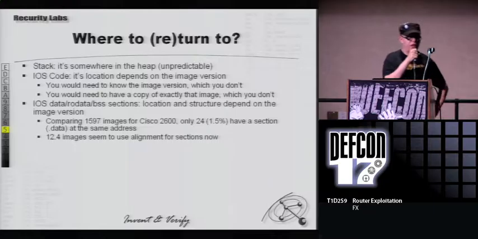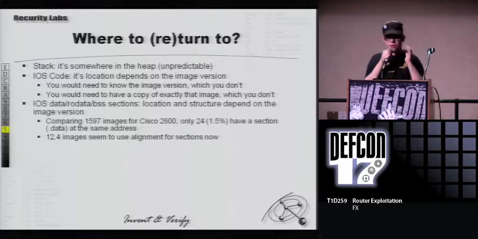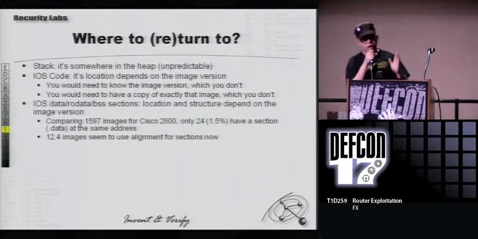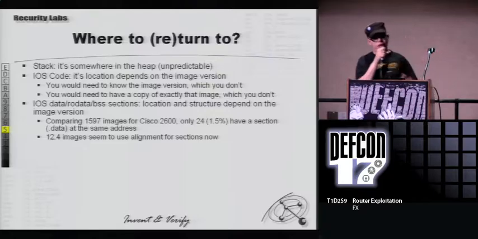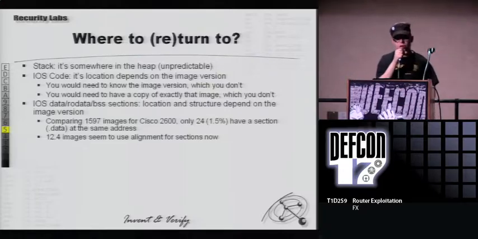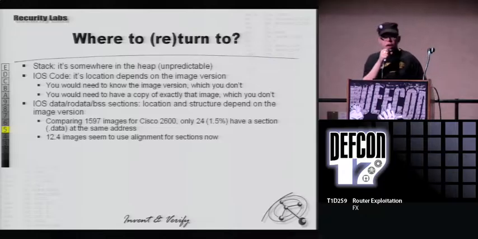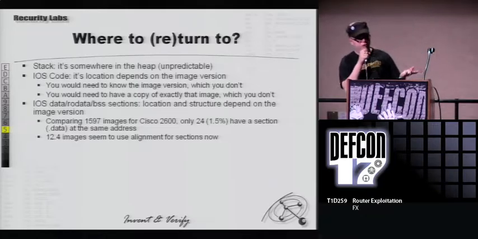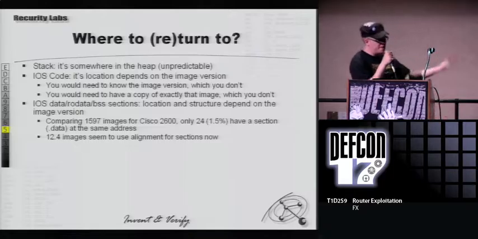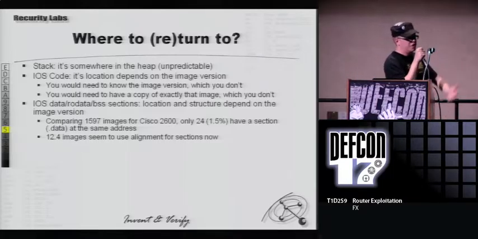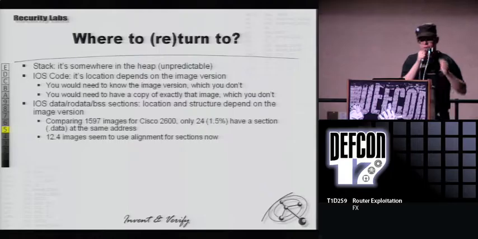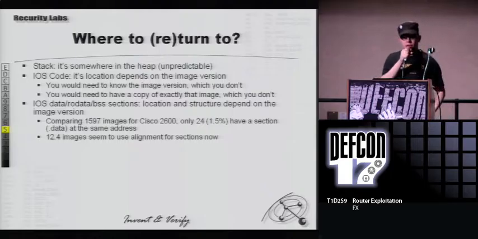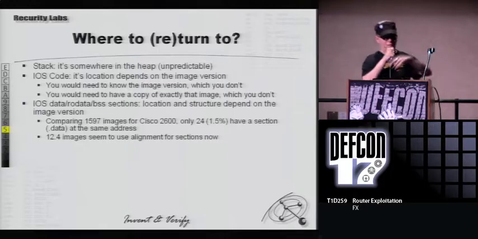In the other sections, for this talk, I actually went ahead and compared the 1,597 images for the 2,600 machine, and compared the addresses of the sections, because I thought, well, maybe they align sections to an aligned address. But they're trying really hard to keep this small, because they're putting so much bullshit in it.